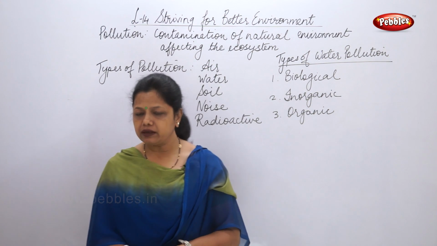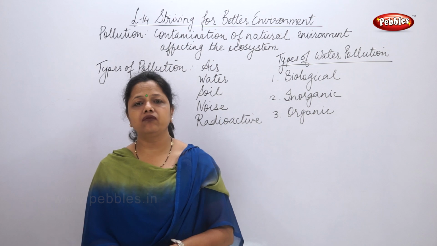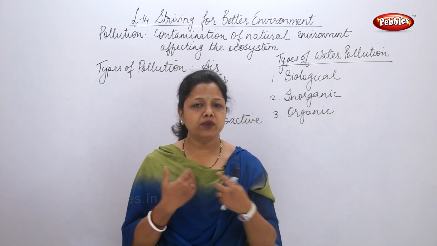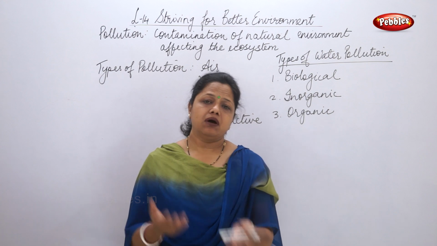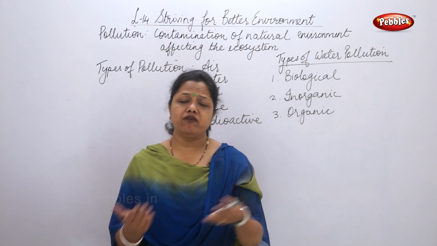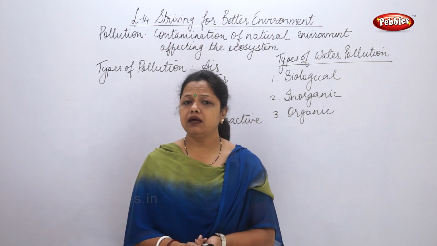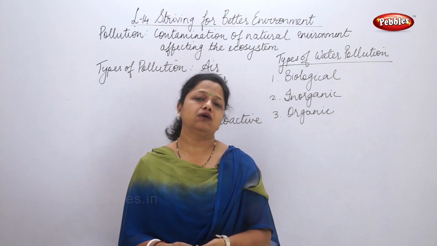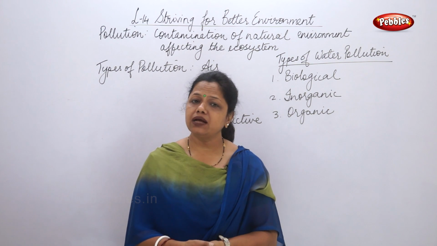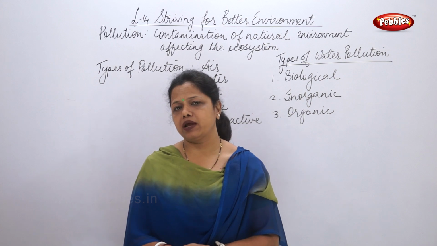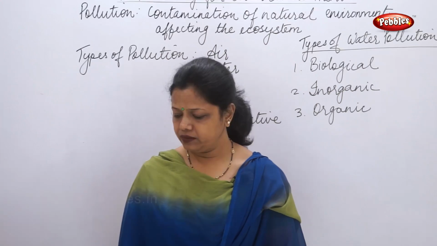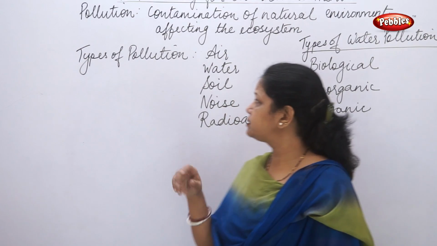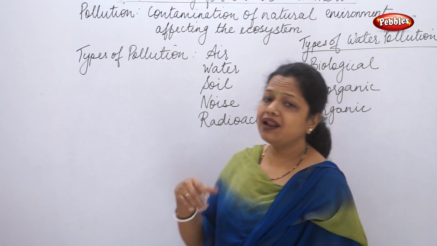So these are the effects of water pollution on human beings, animals, plants, and water bodies, and due to eutrophication, a large number of aquatic flora and fauna get affected. So this was about water pollution. We are going to see the next, soil pollution or land pollution.